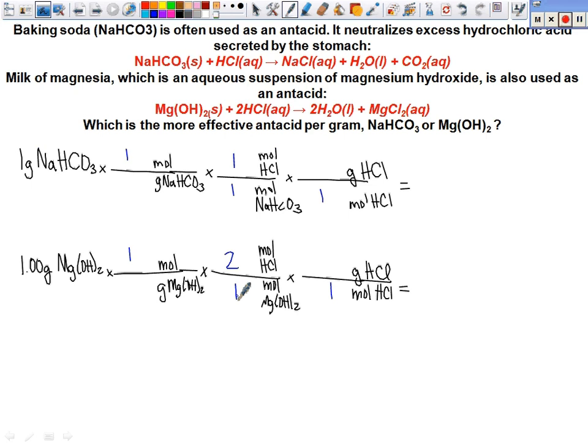What is my molar mass of sodium hydrogen carbonate? 84.01. What about for hydrochloric acid? 36.46. All right, what about for magnesium hydroxide?